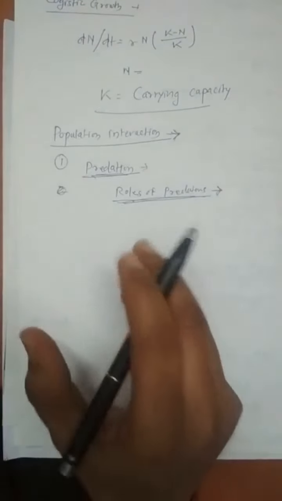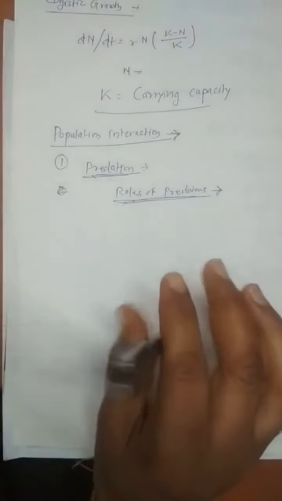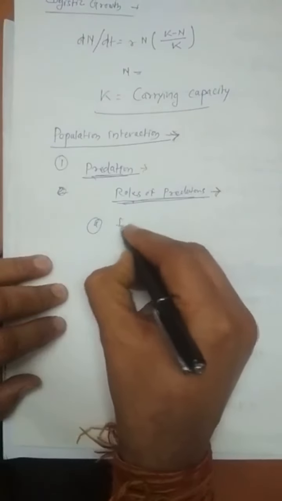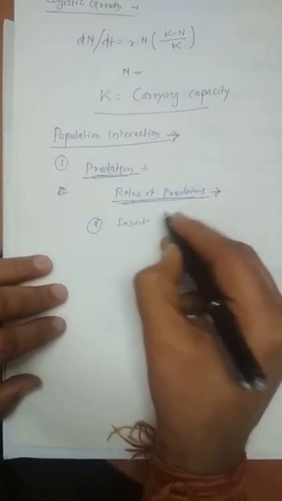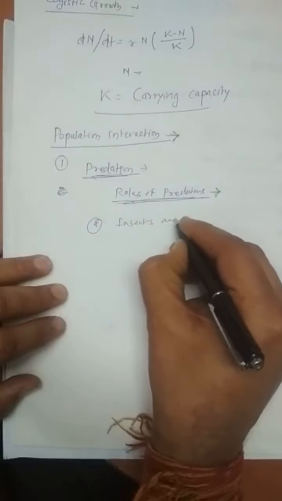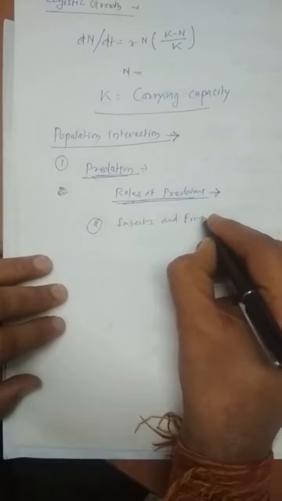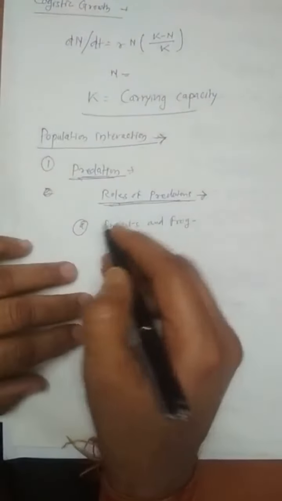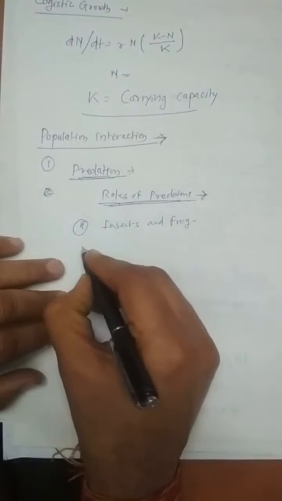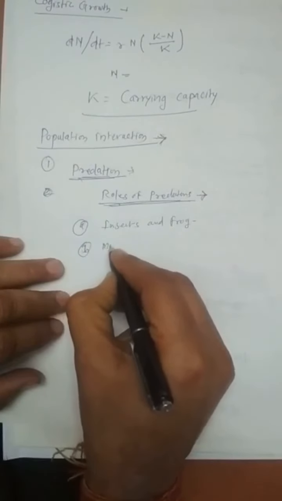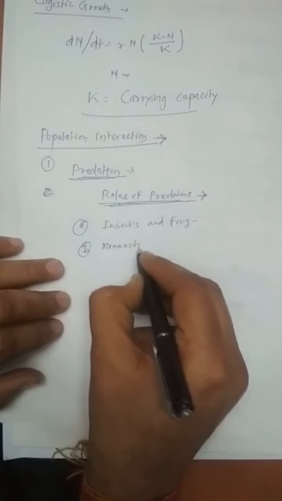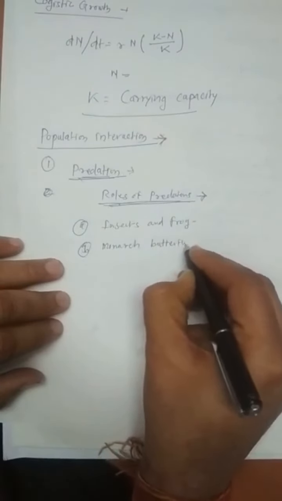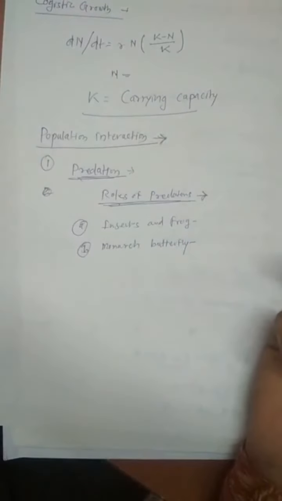Also, over-exploitation of prey by the predator results in the extinction of prey and predators. Defense to lessen impact of predation. You can say A, insects and frogs, camouflage. Monarch butterfly, poisonous.